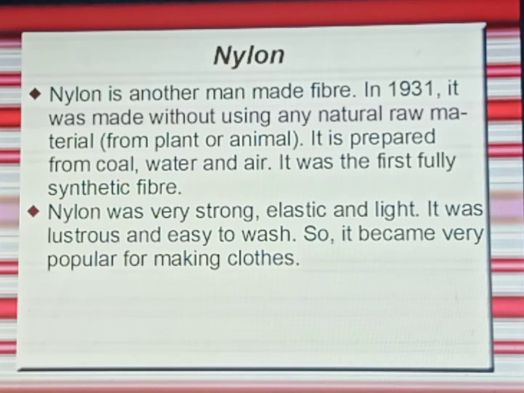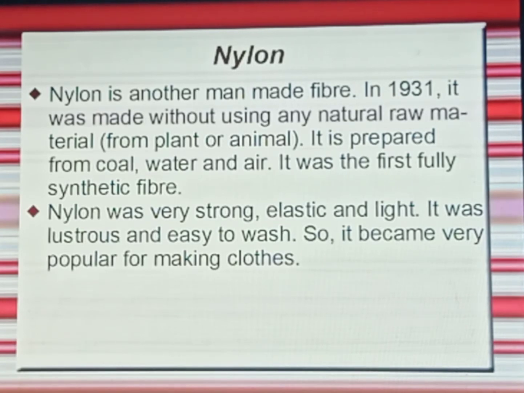But I want to tell you that coal, water and air are natural materials, but no natural raw material from plants or animals was used. And it was the first fully synthetic fiber. Nylon was very strong, elastic and light. It was luxurious and very easy to wash.